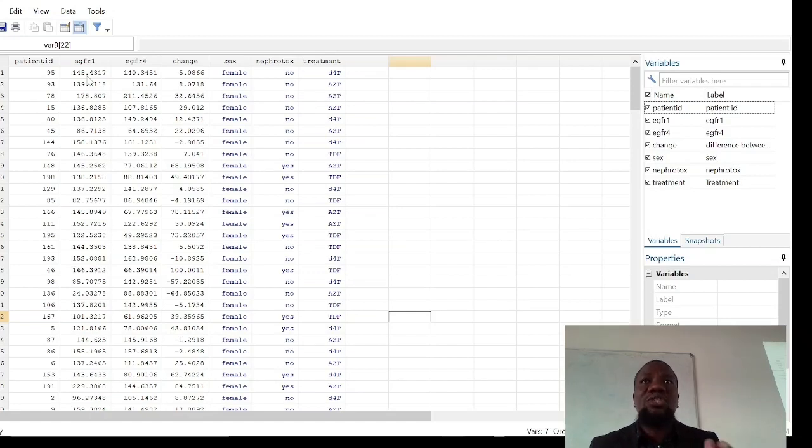We said you want to use the t-test to determine whether there is a difference between 2 means. For instance, you can use the t-test to determine whether there is a difference in the mean EGFR between maybe the males and the females. So there are 2 groups, and you want to determine the difference between 2 means.